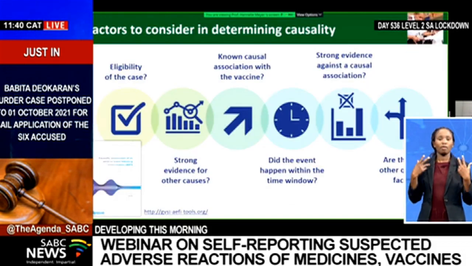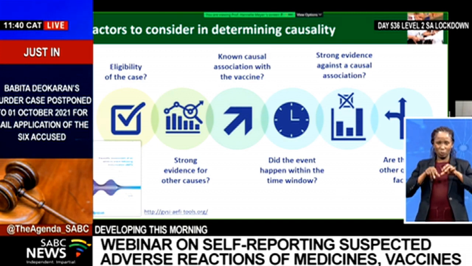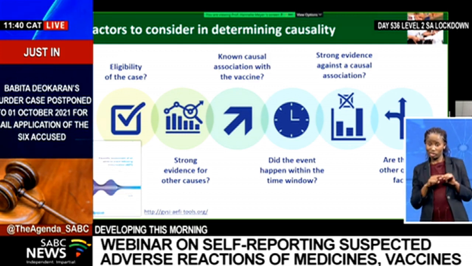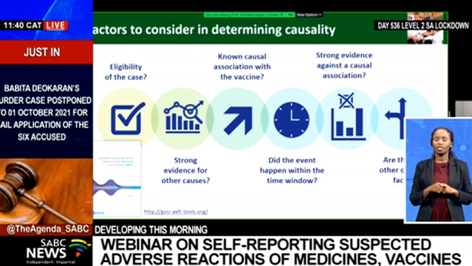Now, the causality assessment is a scientific process that is being followed, and we are using a well-recognized methodology by the World Health Organization, as you can see here on the left hand of the screen. So there are a certain number of very important factors to consider when you do a causality assessment.